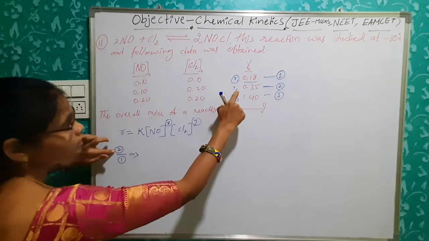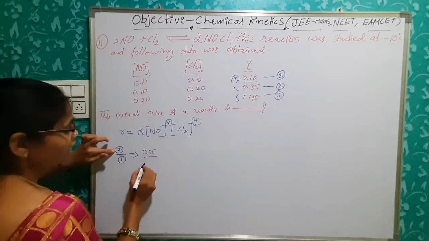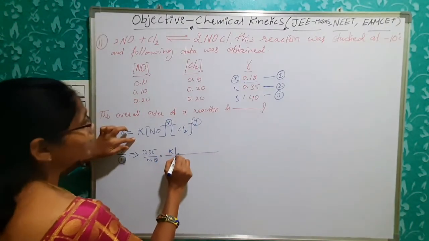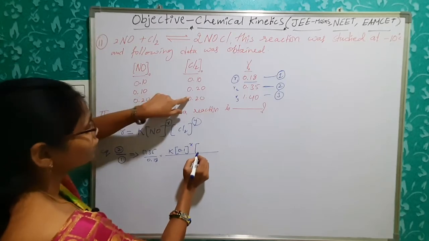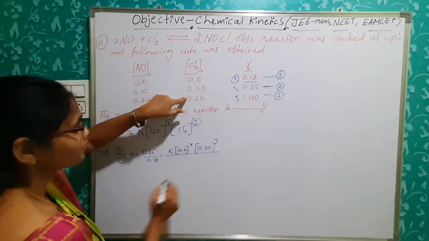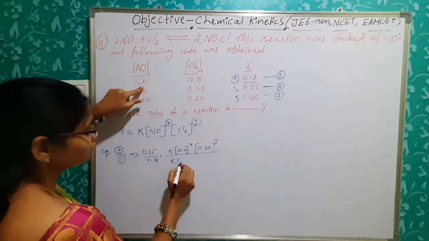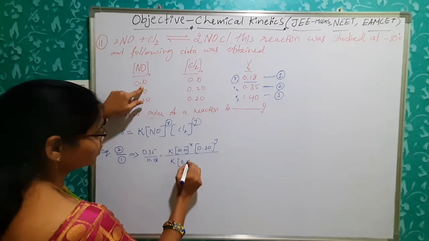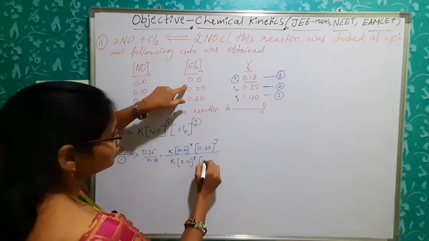R2 is 0.35 and R1 is 0.18. So 0.35 by 0.18 equals K into concentration of NO in the second equation, 0.1 power X, Cl2 0.2 power Y. In the first equation, the concentration of NO is 0.10 again, and Cl2 is 0.10.